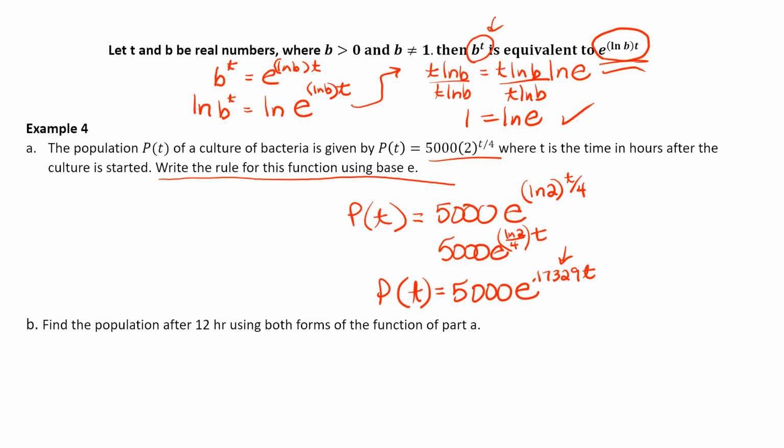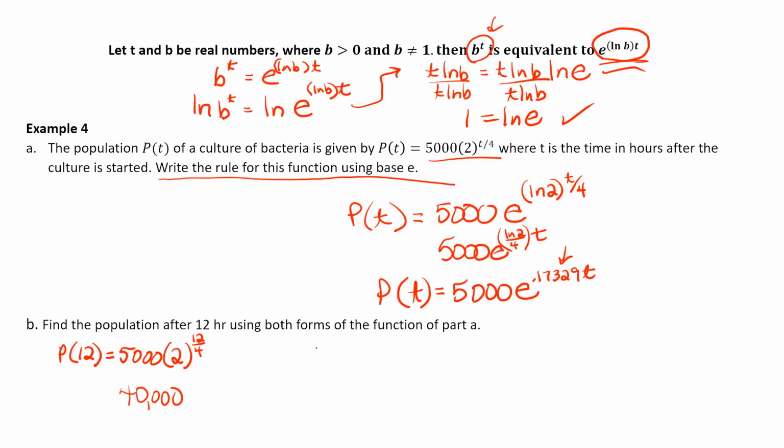So find the population after 12 hours. They want us to use both forms of the function in part A. So if we did it using P of t like it was to begin with, and we're saying 12 hours, P of 12 would equal 5,000 times 2 raised to the 12 over 4, which gives us 40,000.